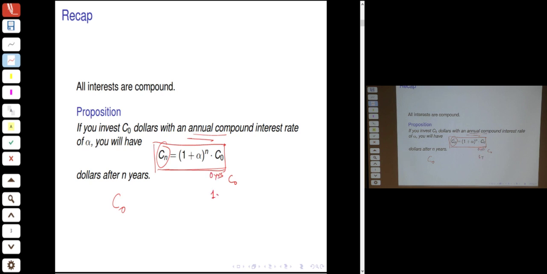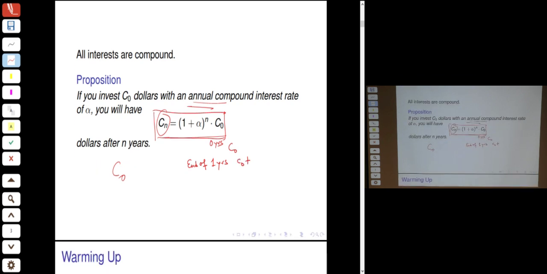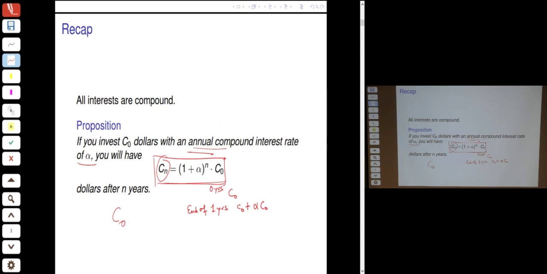After 1 year, at the end of 1 year, you have your original amount C0 plus the interest, which is alpha times C0, because the compound interest rate is alpha, and here alpha is being expressed in fractions. So whenever you have a percentage, you should convert it to a fraction.